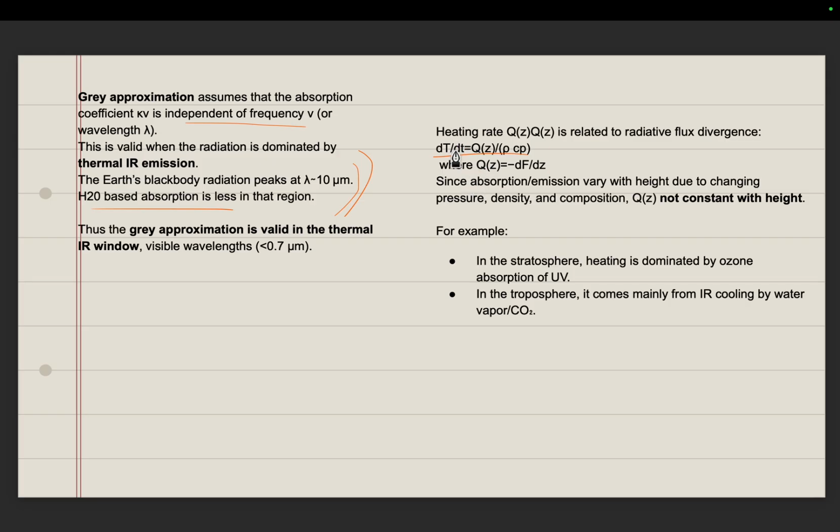dT/dz is written as a function of Q(z), that is the heating rate, divided by rho cp.